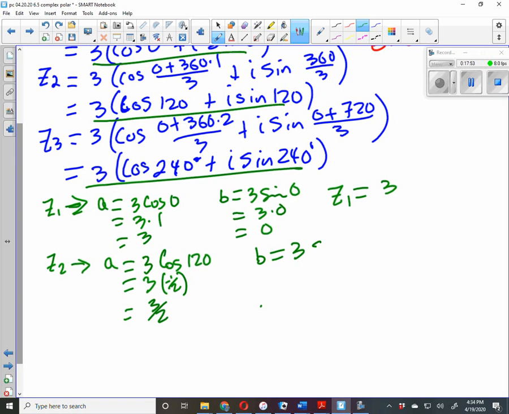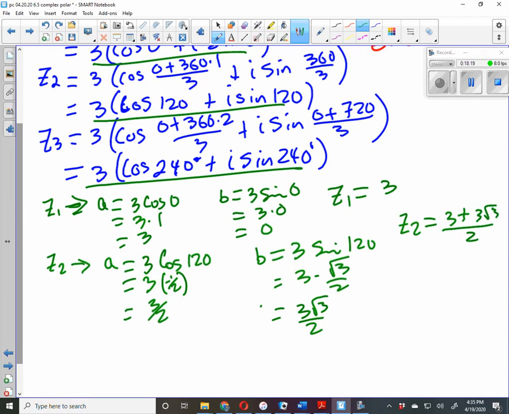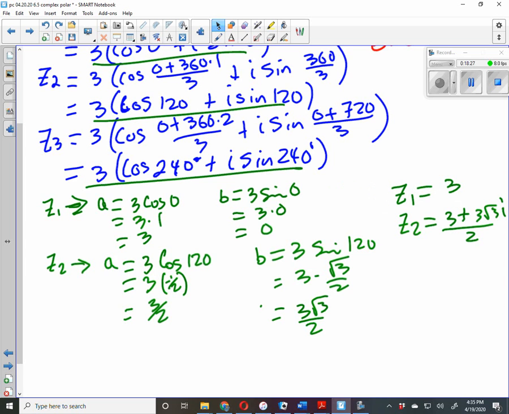B is equal to 3 sine 120, which is 3 times root 3 over 2, or 3 root 3 over 2. Therefore, z sub 2 is equal to negative 3/2 plus 3 root 3 all over 2 i. That was an i there. Move that over so we've got them all together.